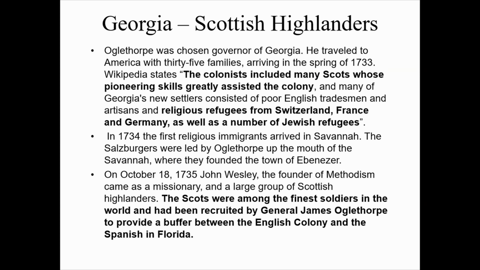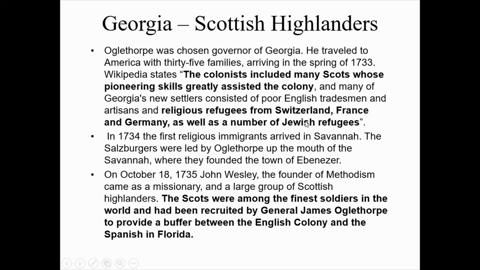He traveled to America with 35 families in 1733. The colonists included many Scots whose pioneer skill was greatly assisting the colony, and many other settlers contained poor English tradesmen and religious refugees from Switzerland, France, Germany, as well as the German refugees. How interesting. All right, so interesting history.